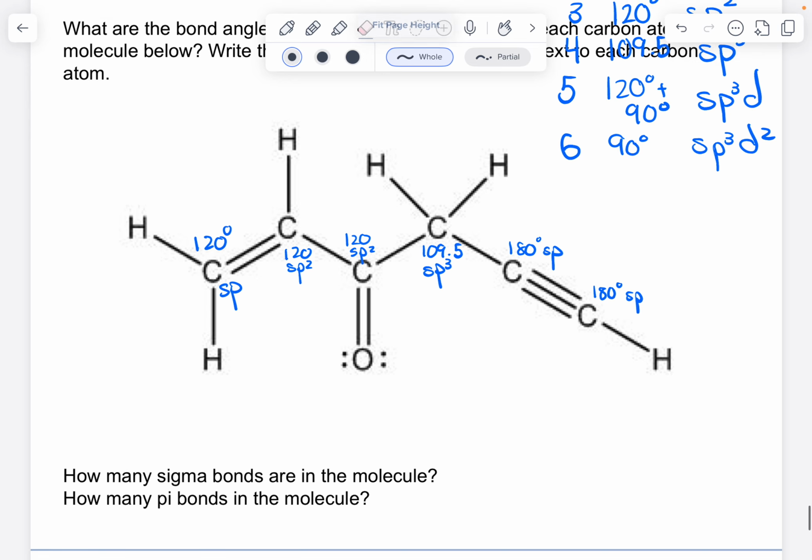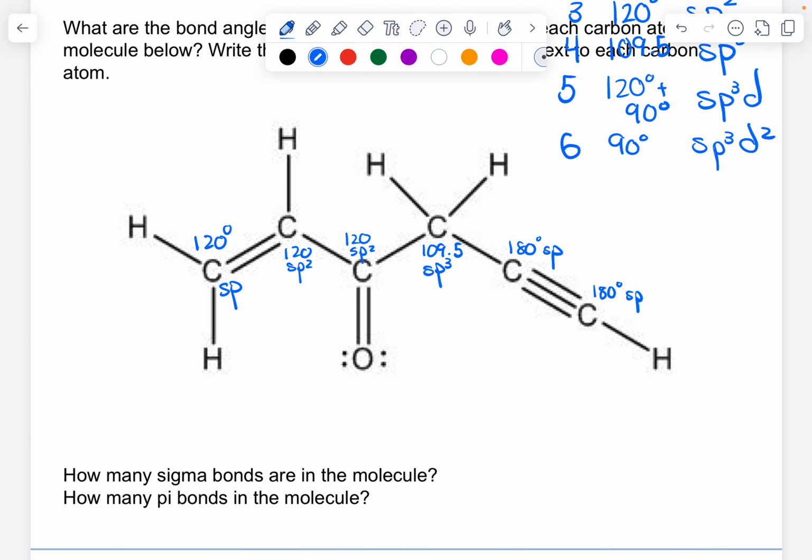Oh, here's another interesting question. Okay, down here. How many sigma bonds are in the molecule and how many pi bonds are in the molecule? So let's highlight these. We'll do sigmas in yellow and pi bonds in pink. Anytime there's a bond, it's first a sigma bond. So 1, 2, 3, 4, 5, 6, 7, 8, 9, 10, 11, 12. 12 sigma bonds.